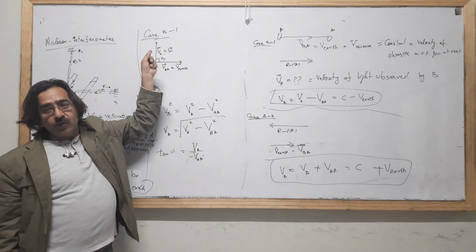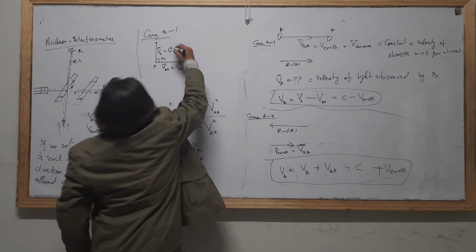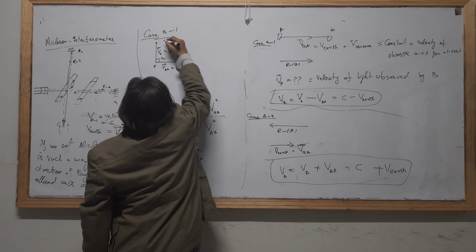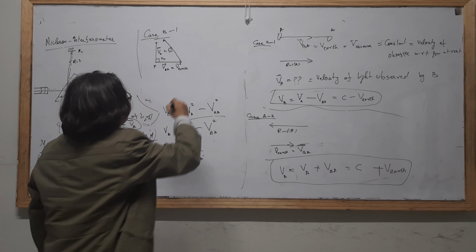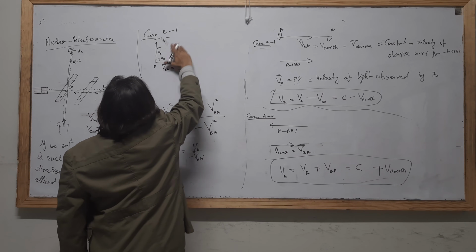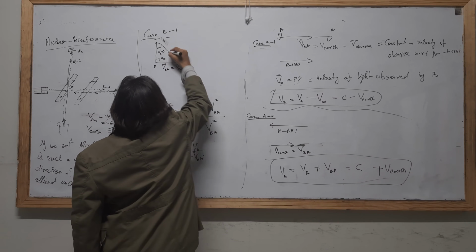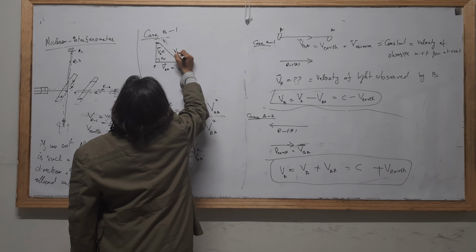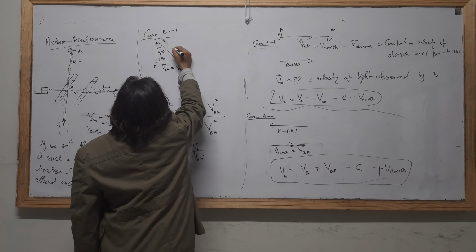So that is that whole case. This will be the velocity observed by B, VB.